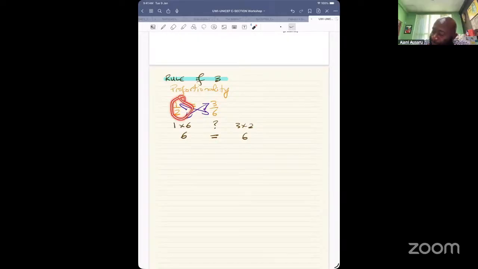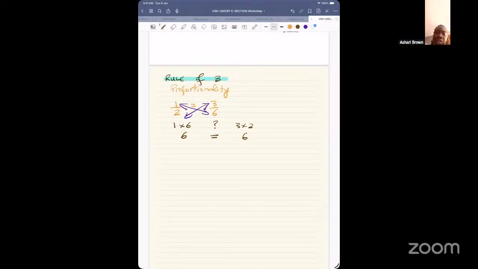So when I write a half is equal to 3/6, I can say this is true because, if you notice my arrows here, 1 times 6 is the same as 3 times 2. And it is true. 1 times 6 gives us 6, and 3 times 2 gives us 6, and 6 is equal to 6. So this statement is true, right? And we call this what? Cross multiplying, correct? Yes, sir.